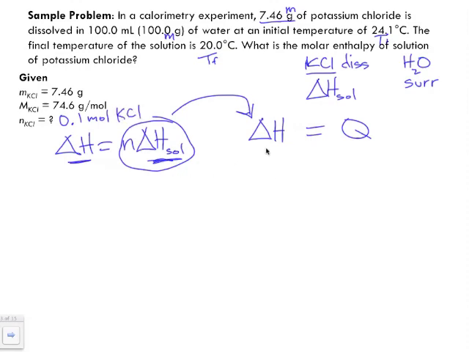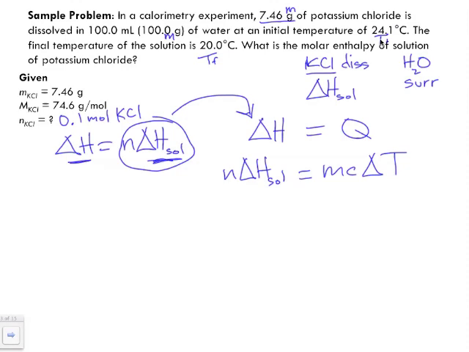So now, instead of delta H, we're going to put in N delta H of solution is equal to Q. But what does Q represent? Q is represented by MC delta T. So this is going to represent pretty much the heat transfer from the water, and here we've got our change in enthalpy of the potassium chloride dissolving.